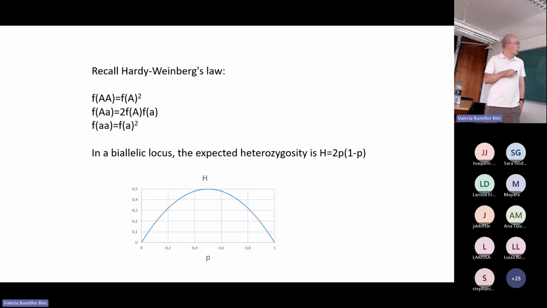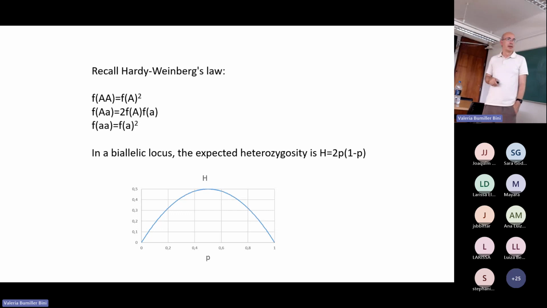And we can work a little bit on this, since for a biallelic locus, the frequency of one allele will be 1 minus the frequency of the other allele. It can be easily derived. So the heterozygosity is 2p(1 minus p), so this is 2p minus 2p squared. In mathematical terms, this is the equation for a parabola.